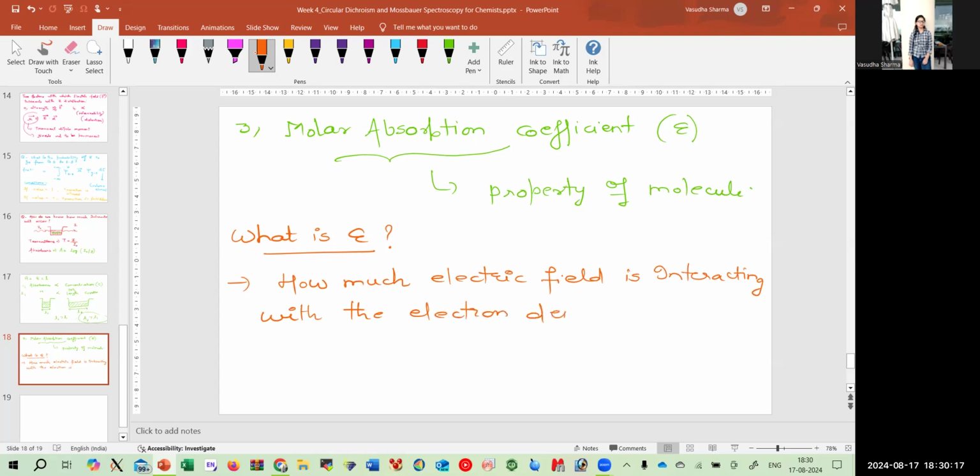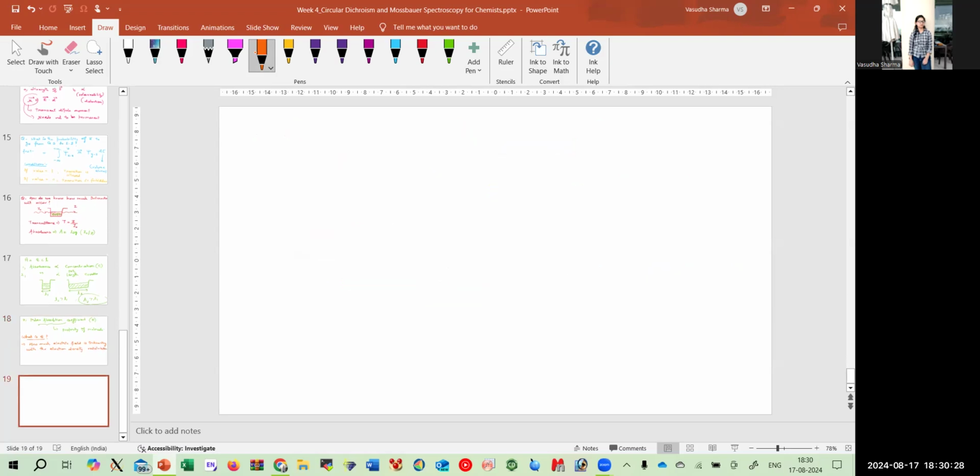Then how do we get to know what amount of interaction is happening between the two, the radiation as well as the electron density? To understand this, we have a concept where we see that we know how the electric field oscillates. The electric field oscillates in a sigmoidal fashion.